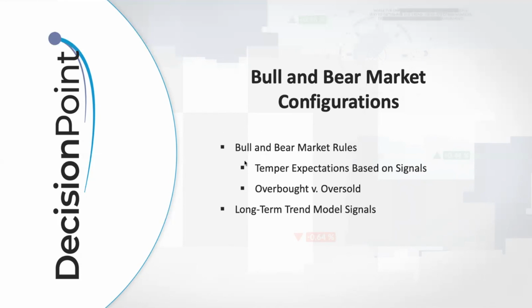As I said, it really comes down to tempering your expectations based on those signals and whether it's that configuration. So for example, let's say you looked at your chart, and the 50-day EMA is well below the 200-day EMA. So you've got a bear market configuration for that particular stock. What does that tell you?